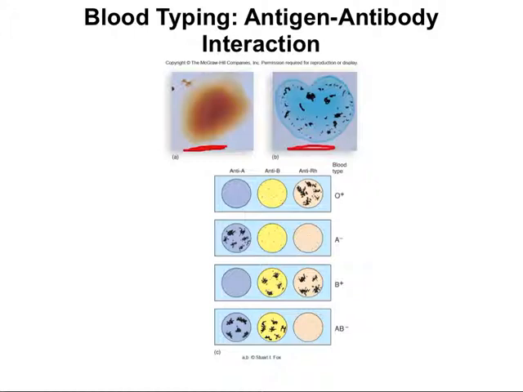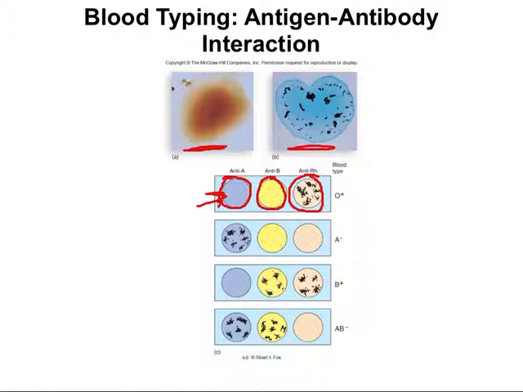So here's some results from some blood typing cards. In this patch, we have antibodies to A blood cells. In this patch, antibodies to B. And in this patch, antibodies to Rh. This is the one that gives us the plus or minus. So in this one, we have no agglutination, which means that there are no A-type antigens in here.